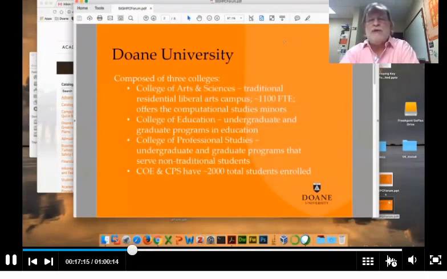We have about 1,100 FTE students, and this is the college that is offering the computational studies minors that I will talk about in just a minute. We also have a College of Education and a College of Professional Studies, but they are not participating in any of the computational studies type of things.